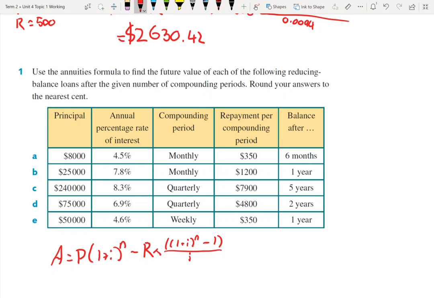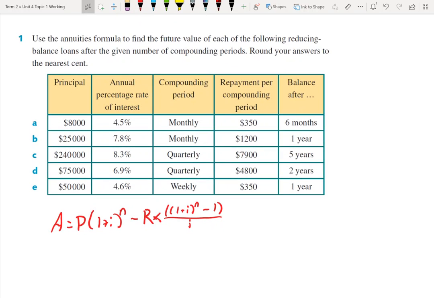Divided by I. So just use this formula for your particular question. So just for the number of compounding periods, for this one you'd find N would be 6. For this one, C, it's going quarterly, so 4 compounds per year. It's doing it for 5 years. So that would be N is 20. I just want you to find your ones.